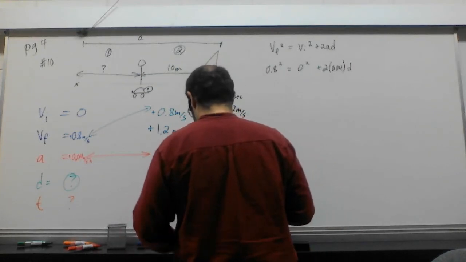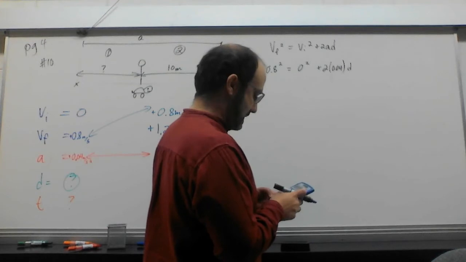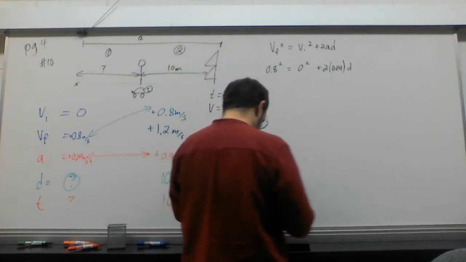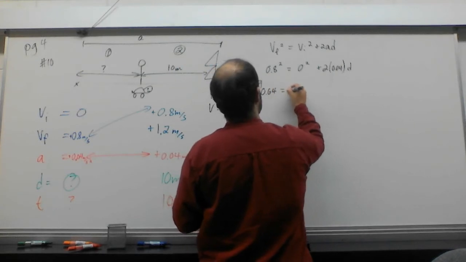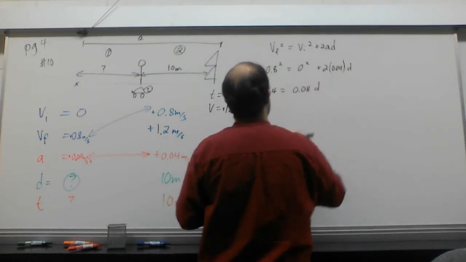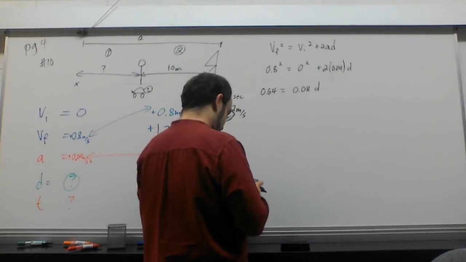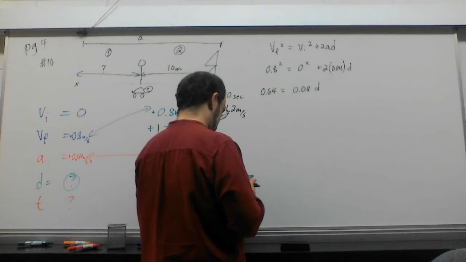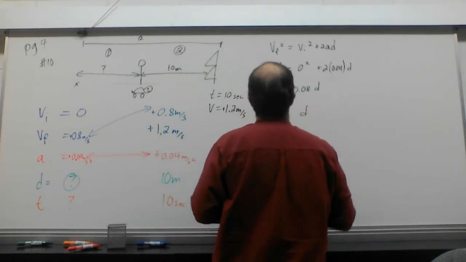So, I'm going to need some calculator for this. 0.8 squared is 0.64 equals 0.08d. 0.64 divided by 0.08 equals 8 equals d.